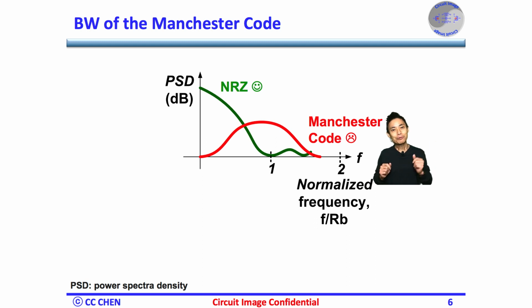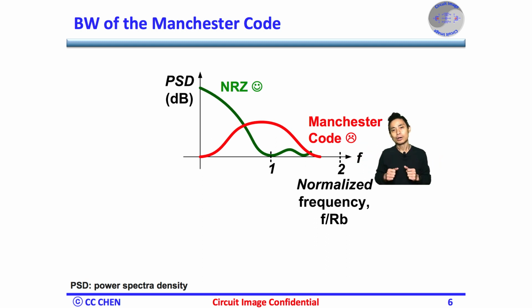Therefore, the bandwidth requirement of the SerDes transmitting Manchester data at the interface front end will be almost twice the bandwidth requirement of the NRZ data. That's why Manchester data was used at a very low data rate, but not in high-speed channels anymore.